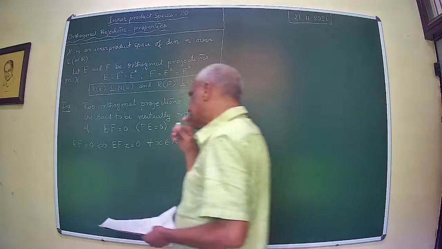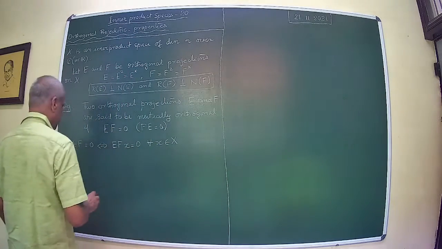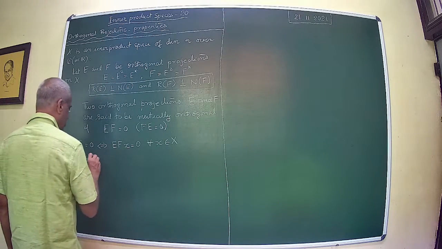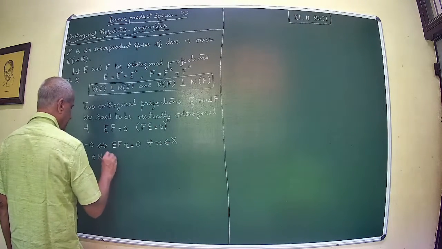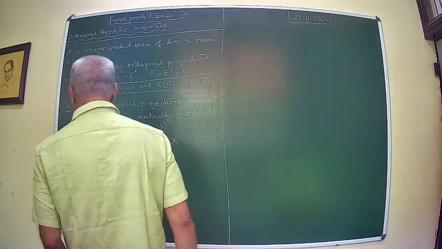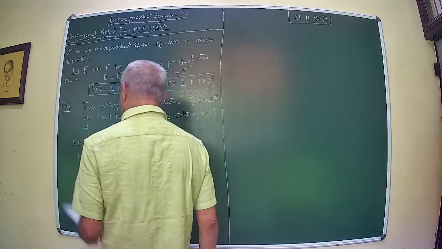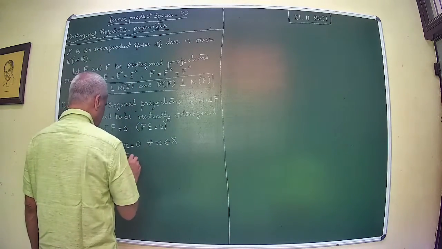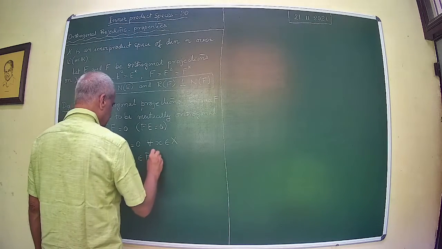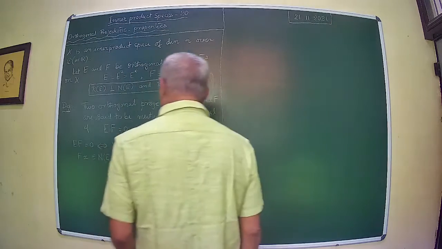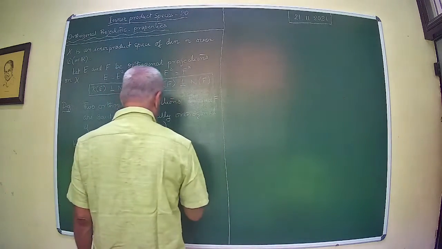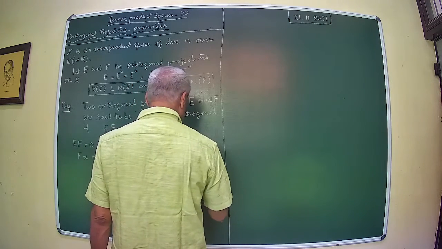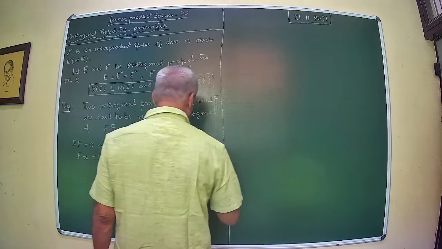So that means F of x belongs to the null space of E, and therefore what we have is this, that is range of F is contained in the null space of E.